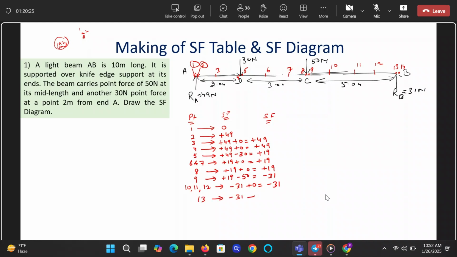It's minus 31 plus 0, minus 31. How much does it become at 14? Minus 31 plus 31, becoming 0. Guys, if anybody has not understood what I have done, please clarify. Does everybody understand the writing of these shearing forces from point 1 to point 14 taken on the beam?